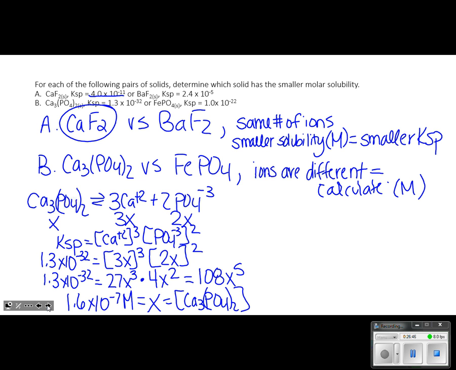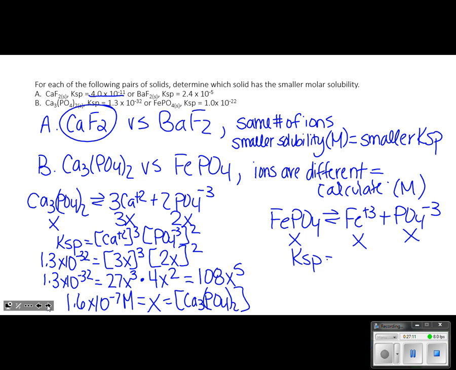So that's one molarity we have to look at. Now we have to do the exact same process for the iron phosphate, but you can already tell it's going to be a little bit easier because we have a 1-to-1 ratio. So if iron phosphate is X, then iron is X and phosphate is X. We write our KSP expression. Iron times our phosphate.